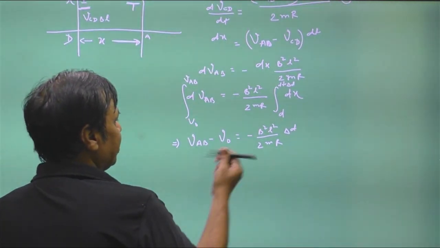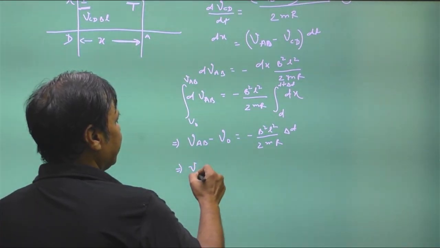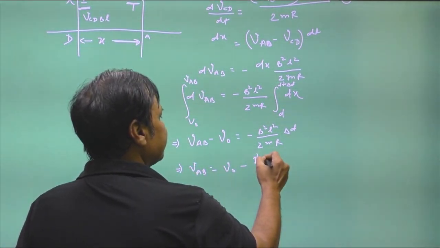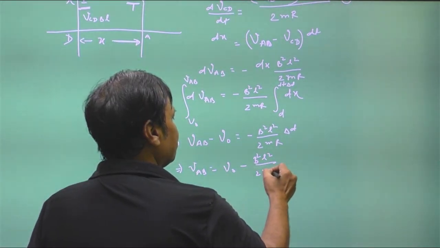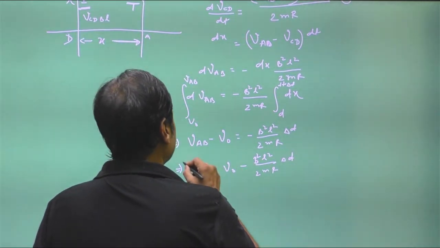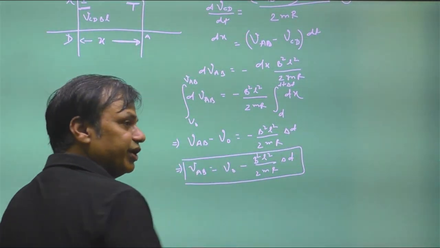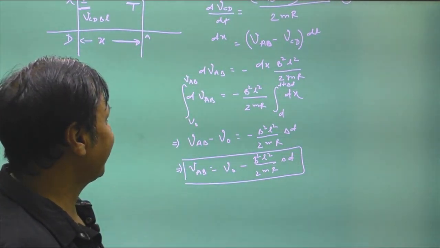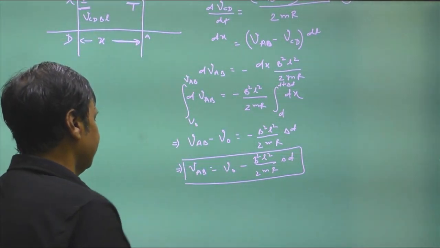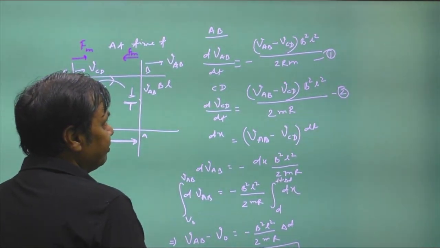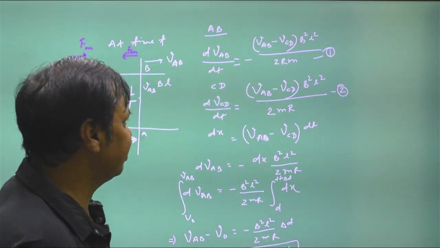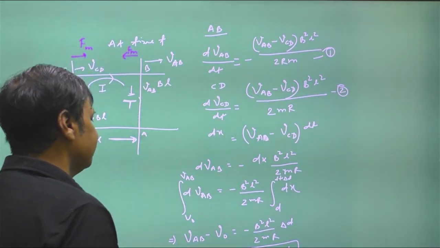So we have one thing. We got something. VAB equals V naught minus B square L square upon 2mR delta d. We have our VAB. Now what? Now we can find VCD. And to find VCD, you should look at this equation. And this is accelerating, and its initial velocity was 0.